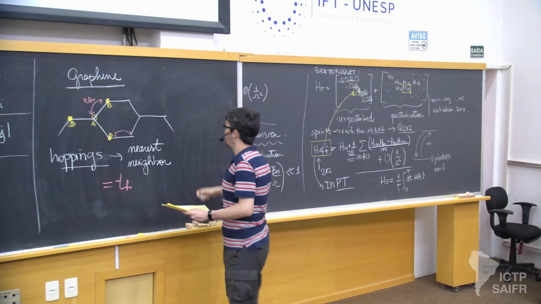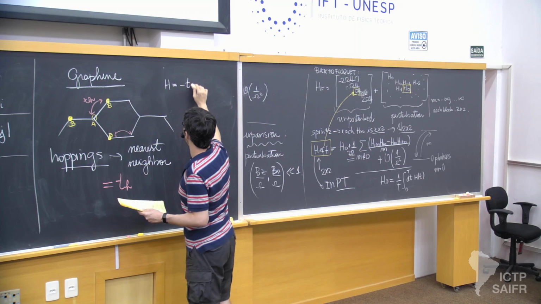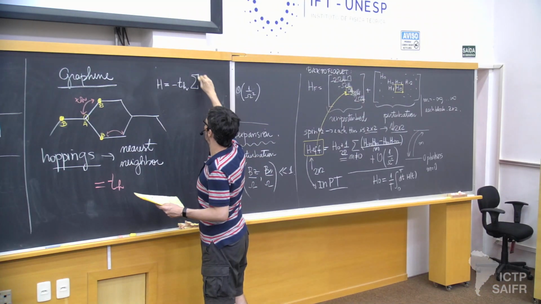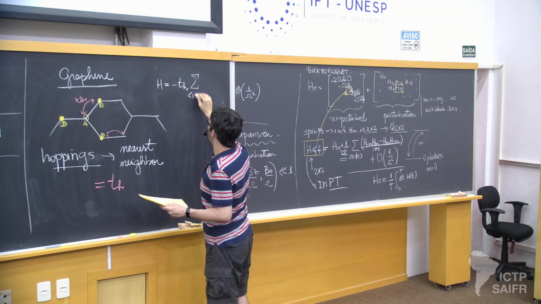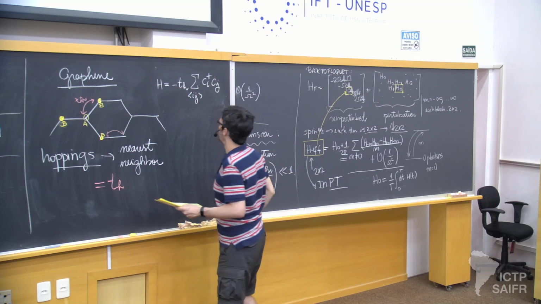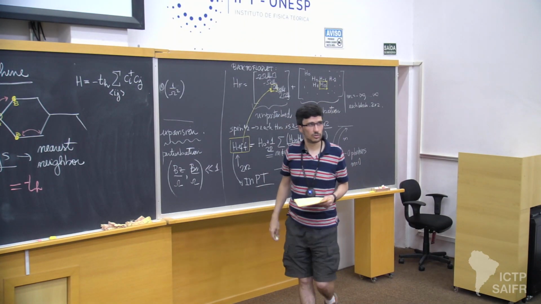All right, and what is the Hamiltonian of this time-independent model? The Hamiltonian is the same as before. I'll also bring a minus sign here in front of the hopping term. It's typically written like this: sum over ij of c_i dagger c_j, following the same notation as before. These are electrons moving around.